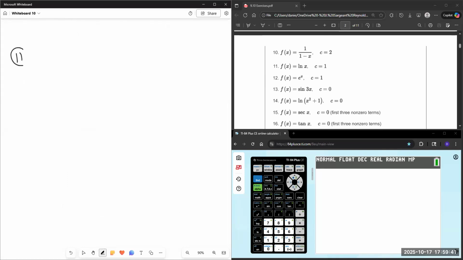For 11, f of x is equal to ln of x, c equals 1.